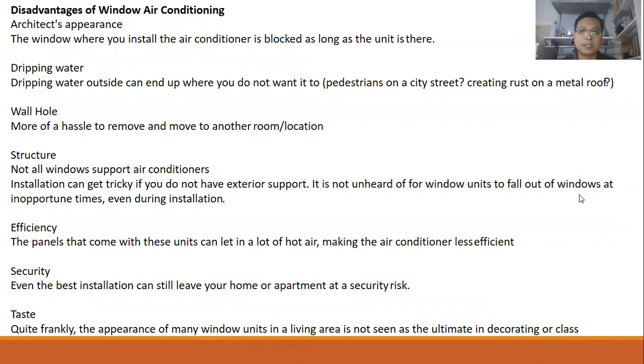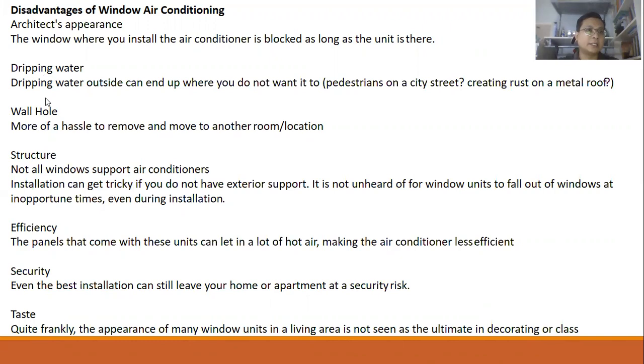So the disadvantages of the window air conditioner. Architectural appearance: once a window unit is installed, the window is blocked as long as the unit is there. So the architectural appearance will look nicer from the wall.